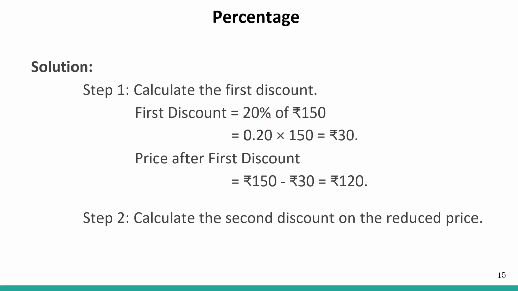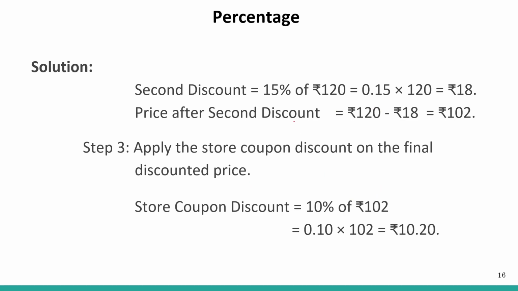So what we did was we calculated 20% of 150, then we got 30. After the first discount the price was 120. Now calculating the second discount on the reduced price, that is applying the clearance sale discount. The clearance sale discount was 15% on 120, so 0.15, that is, we converted the percentage to decimal. 0.15 times 120 is equal to 18 rupees.